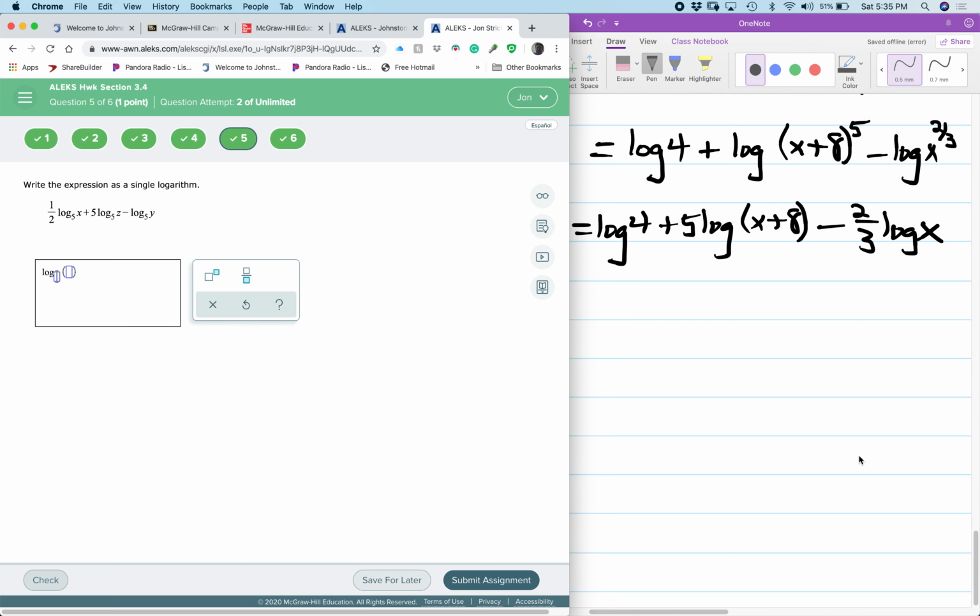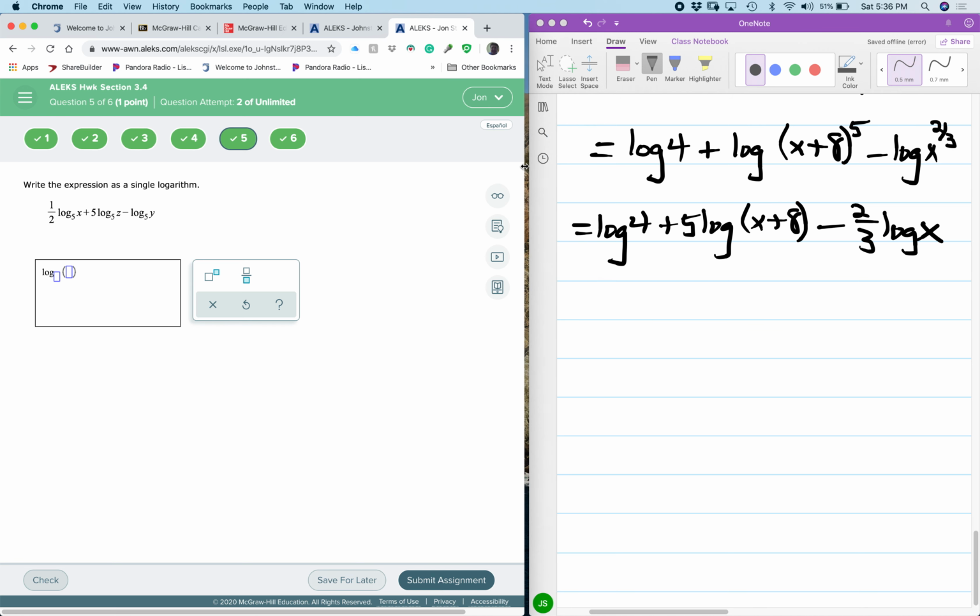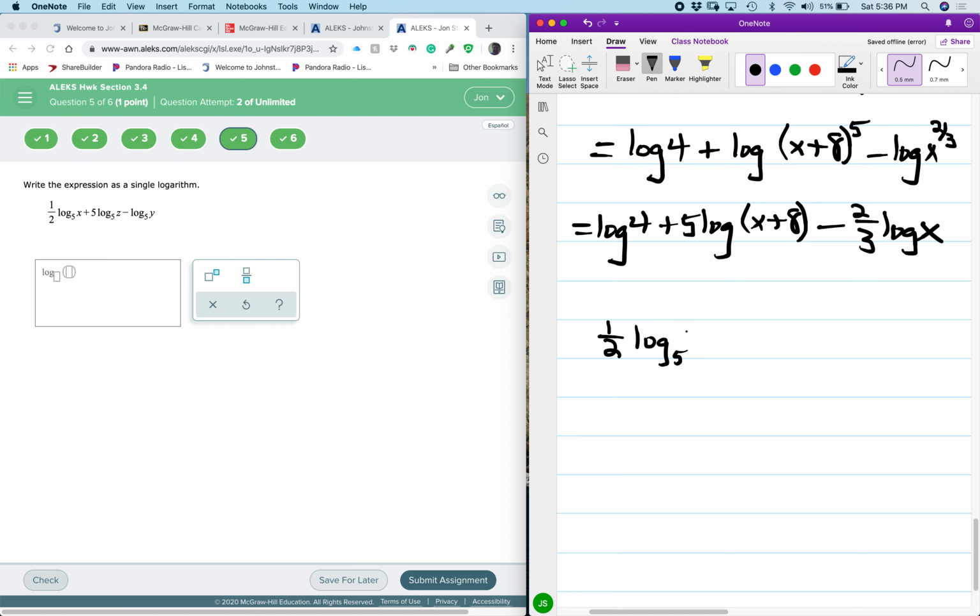For the fifth problem, we're writing as a single logarithmic term, so we're squeezing together as a single term. You have 1/2 of the base 5 logarithm of x, plus 5 times the base 5 logarithm of z, and minus the base 5 logarithm of y.